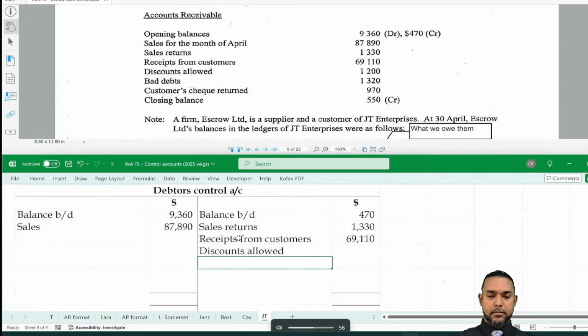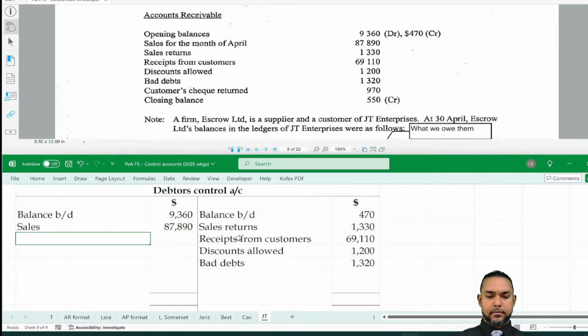Clearly. Bad debts. Return check. So if when you got the check, it was on this side, if it was returned, you had to go to the next side.